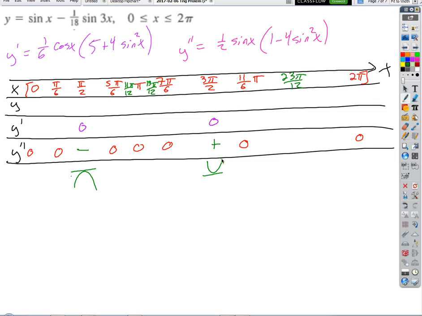We could use our calculator to put that in, but we probably don't even need to. If I look at the sign of the second derivative, what's the sign going to be at 11/12 pi? It's going to be very big and positive, right?